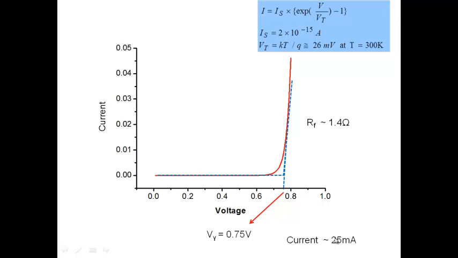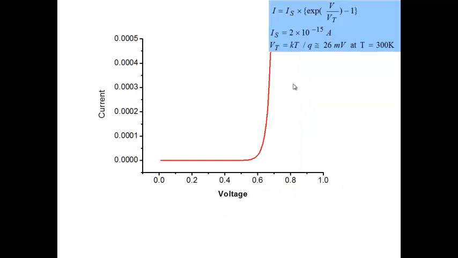Note a very important point, the scale on which I'm working. On this scale, this is a good approximation from about 10 milliamperes up to maybe 40, 50 milliamperes. So over this current range, I'm going to approximate my diode by a cut-in voltage of 0.75 and a resistor of 1.4 ohms. Now you change the scale, and everything changes.